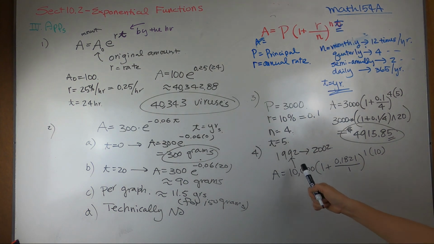If you invest $10,000 in 1992, then 10 years later, how much money do you have? You do the calculation and get 53,277.30, rounded at the end. You have $53,000 from $10,000, in 10 years. That's really high yield.